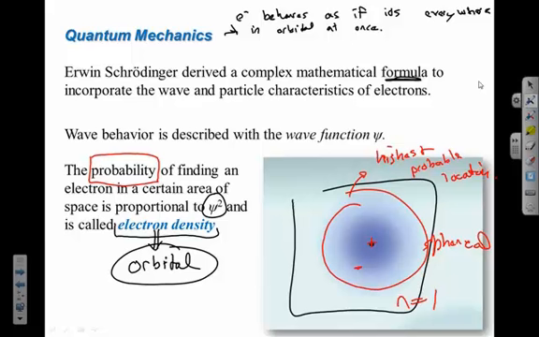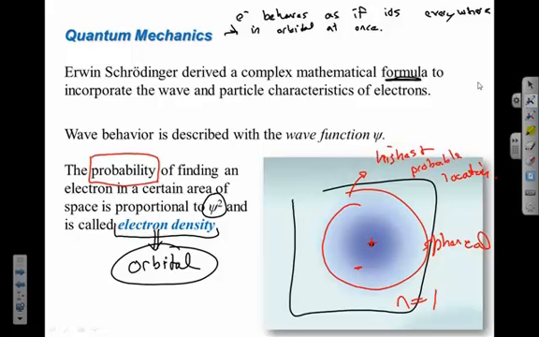But since it also behaves like a wave, we know waves can have positive values in some locations and negative values in other locations, and nodes in other locations, or values where the wave function is equal to 0. So since the electron can be described with the wave function, it behaves like a wave. It can be anywhere in this area at once.